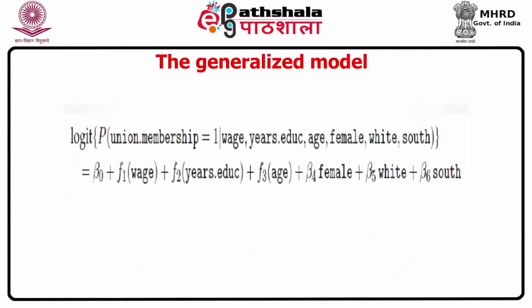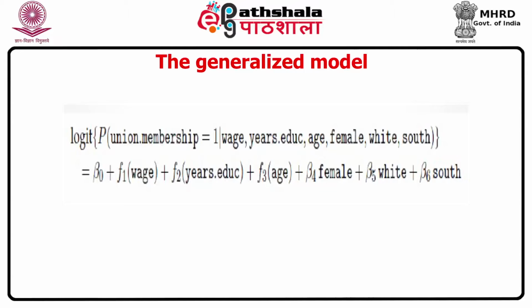Now in this very last slide, I will finally define generalized additive models with the help of an example. So here I continue to want to predict the probability of union membership given information on several covariates, which are wage, years of education, age, whether or not female, whether or not white, whether or not from the South, for a dataset which originated from the US.